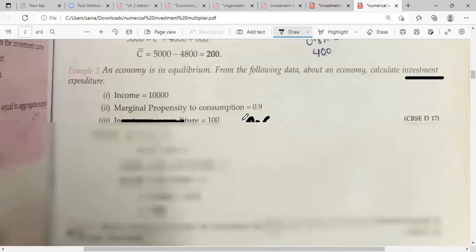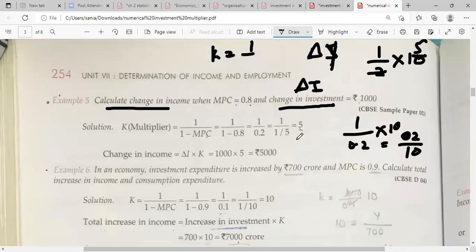I think Halima, you made a mistake over here, right? Yes, ma'am, I did it the other way. In K's place, I put delta Y by delta I. Okay, what formula did you use?